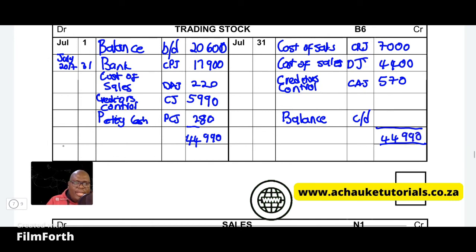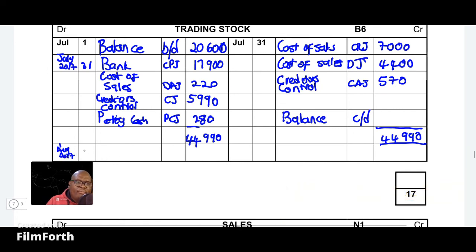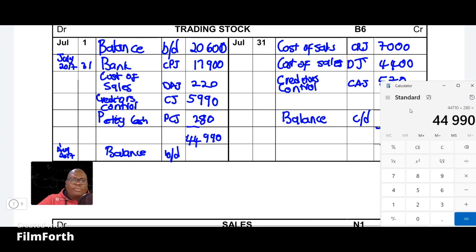So we should have on the 1st of the next month, which is August, on 1st of August 2017, balance brought down. Then we just have to get that particular amount that we're going to have as our closing balance, and then make it our opening balance.